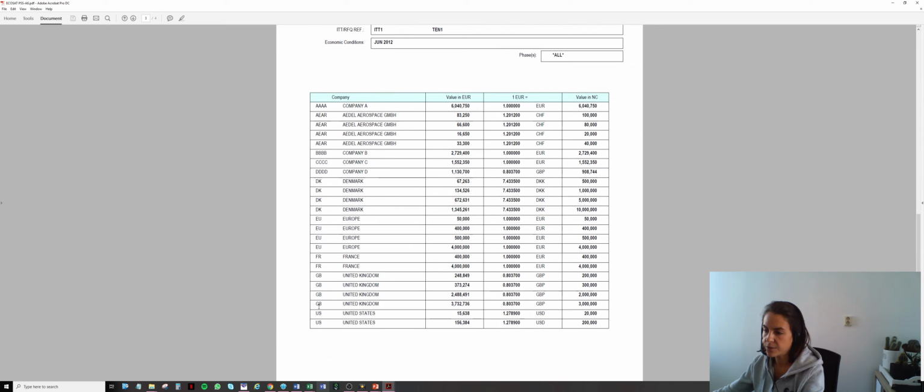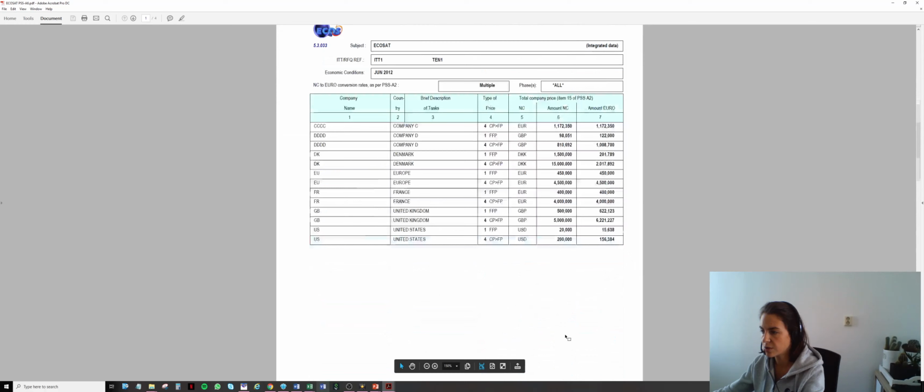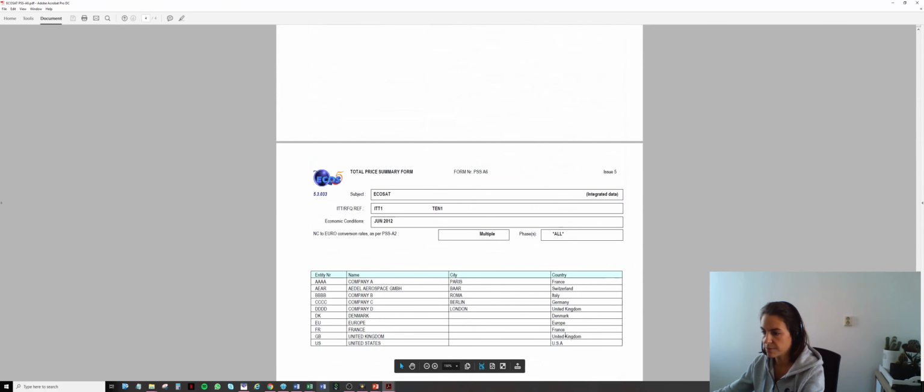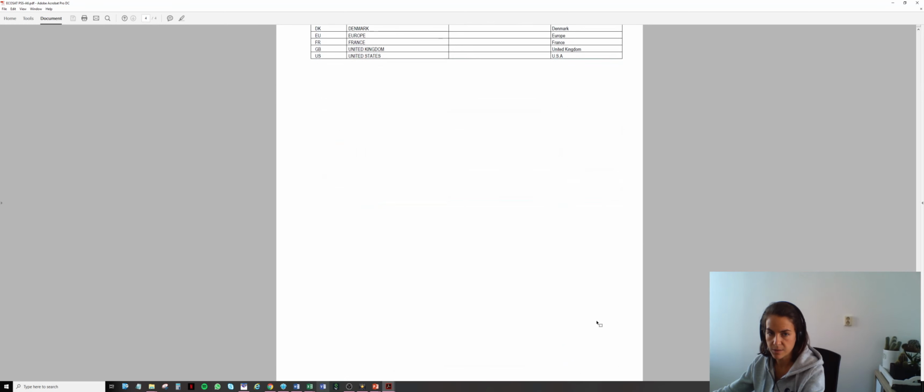And finally here you can have an overview on the exchange rates that are used to convert the euro to the national currency. It is very useful as well. And here you have details on the cities, countries, etc.